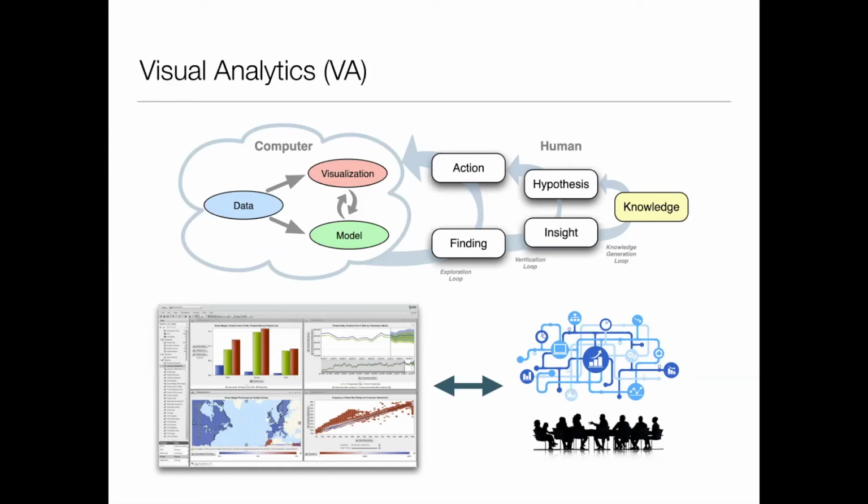Of course, this is a very abstract, very high level understanding of the whole thing, but it's intended to give you an image in your head of what it means to build an effective visual analytics system. Exactly how you get to each of these points is not super clear.